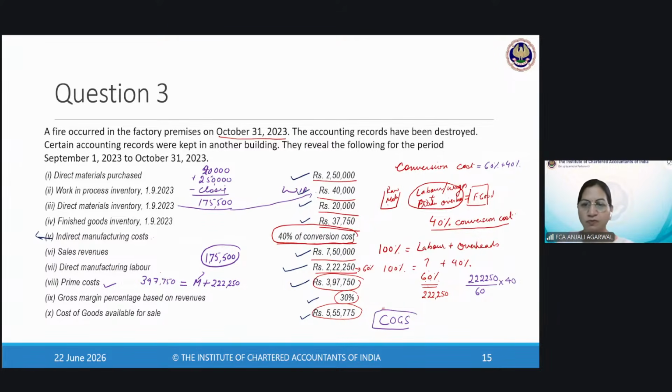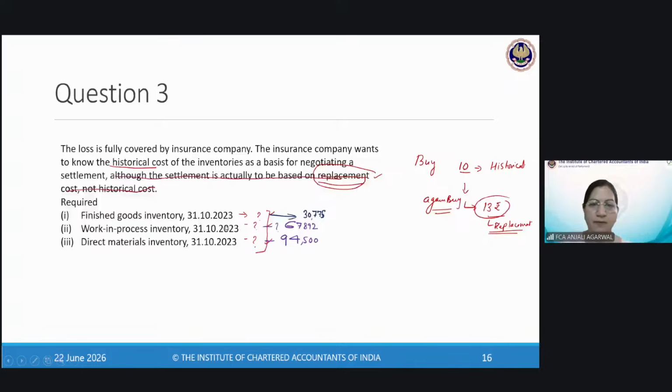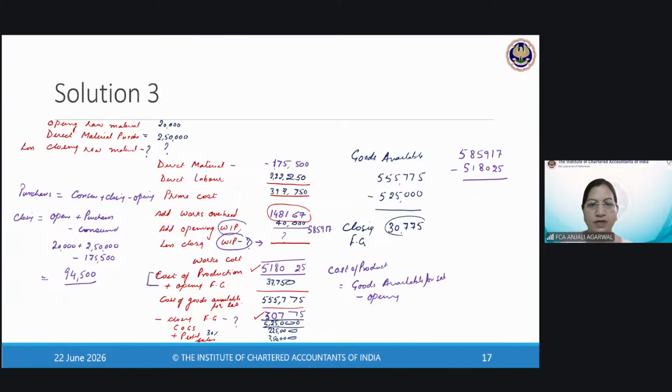You can find out 222,250 divided by 60%, and then calculate the 40% of it to find out manufacturing overheads. When you put the manufacturing overheads here, plus opening WIP, less closing, it will give you 518025. So when you solve this equation, you end up getting the closing stock of WIP. 585917 minus 518025. Okay.